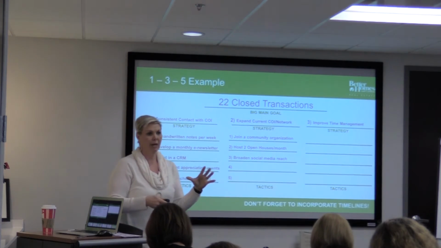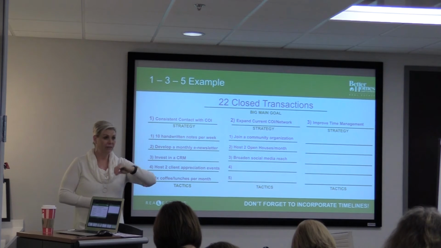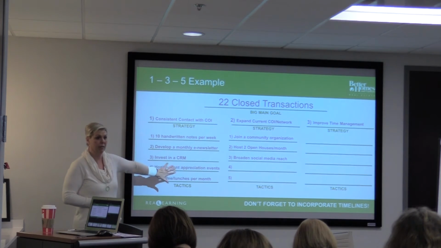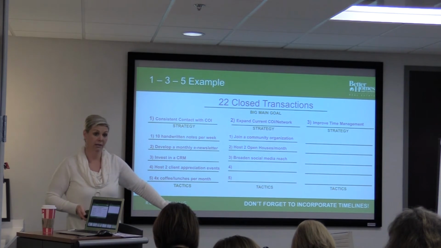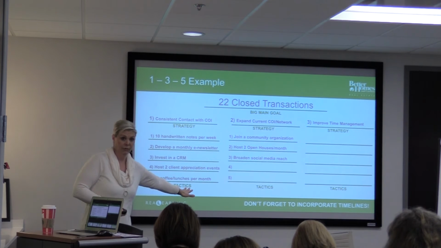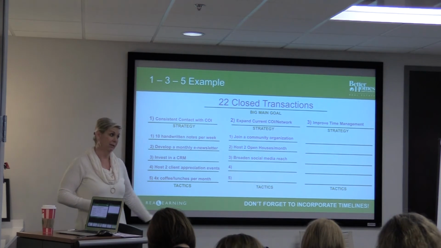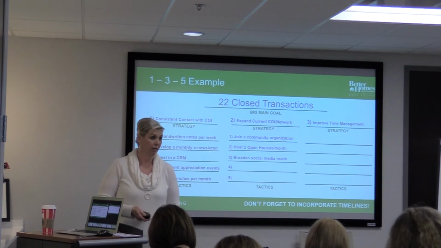That's how you start backing into your time management. What activities do you need to be doing on a weekly basis to make sure that all these tactics are happening? And like I said, you might only have 3 tactics for one of the strategies. You might do this and realize that one of your tactics needs to be a strategy, or one of your strategies really needs to be moved to a goal.